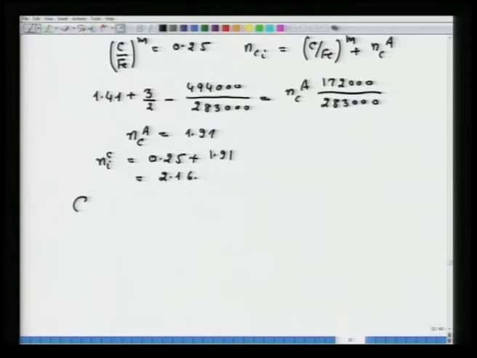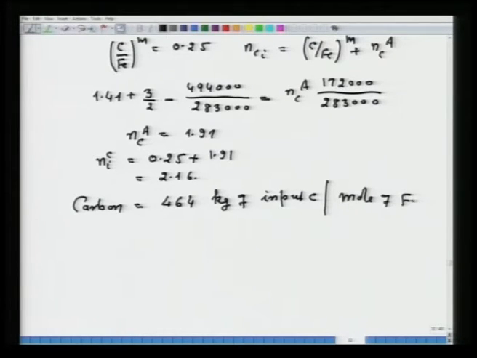Therefore, the carbon supply required will be 464 kg of input carbon per mole of product iron. That is what I wanted to illustrate, how to use this equation, and you have seen how easily this equation can be updated according to the prevailing condition in blast furnace iron making.